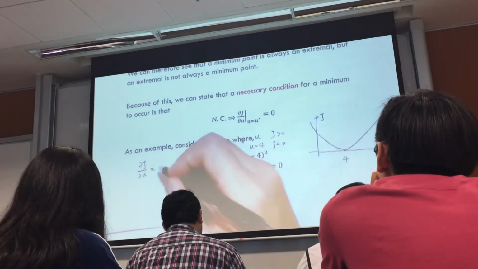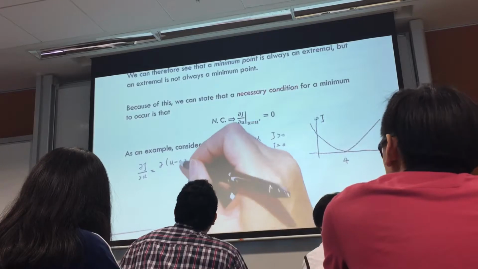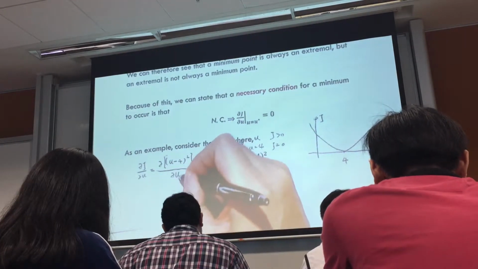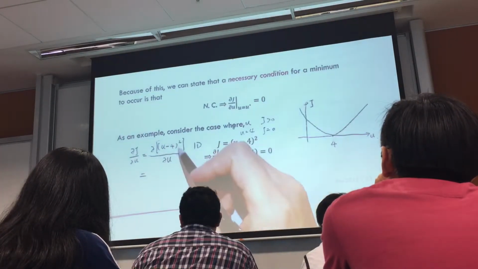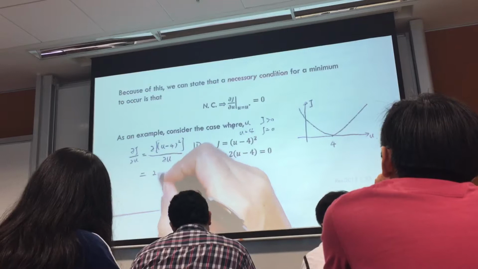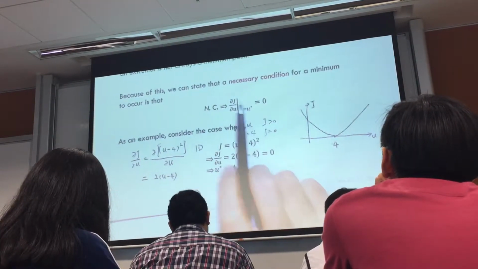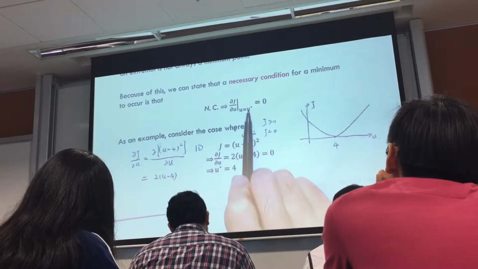In this case, it's d of (u minus 4) squared over du, which equals 2(u minus 4). So the necessary condition is to set this equal to 0. That will give you the u star.